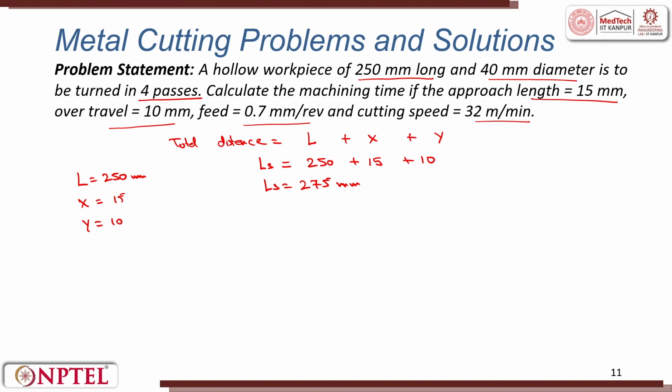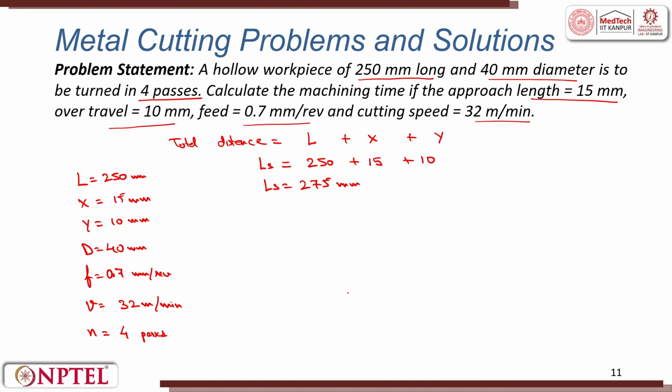This now gets into the calculations. We have also been given the other parameters here: diameter is 40 millimeters, feed as 0.7 millimeters per revolution, speed as 32 meters per minute, and number of passes as 4.